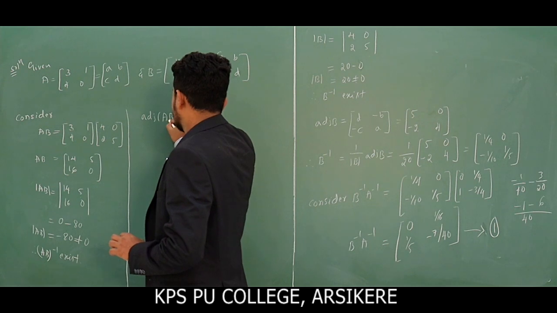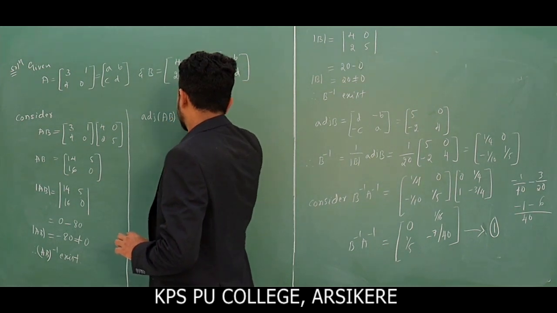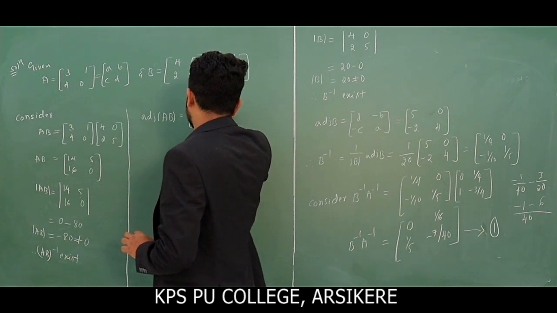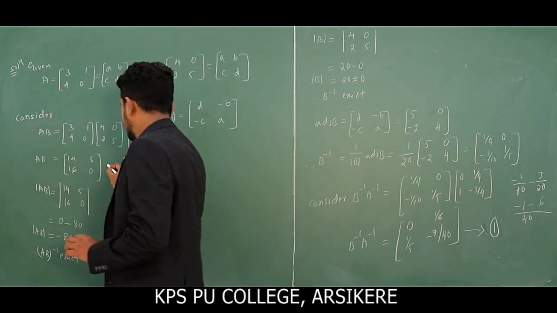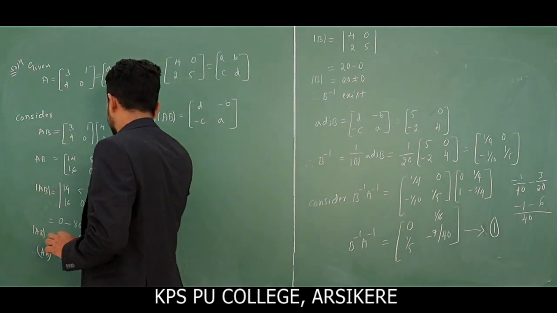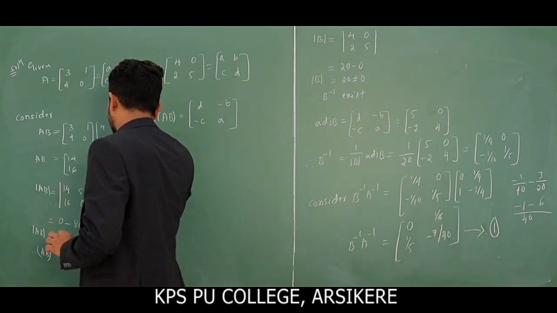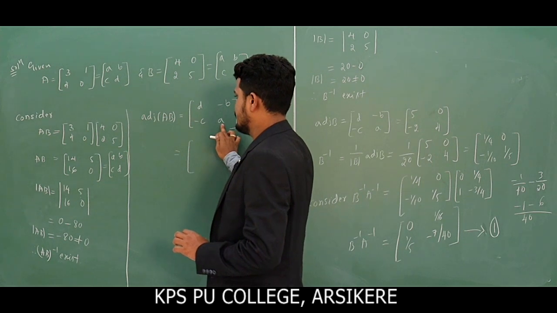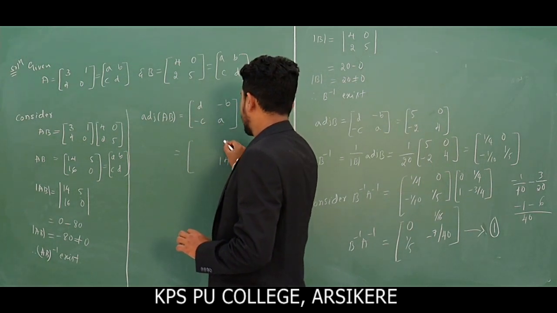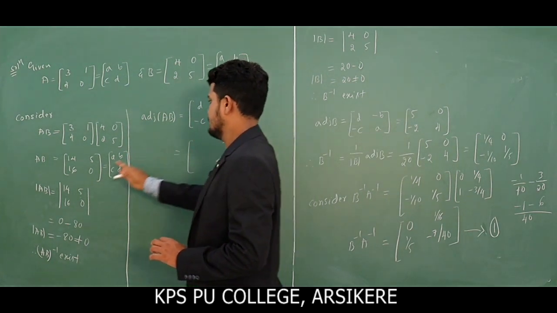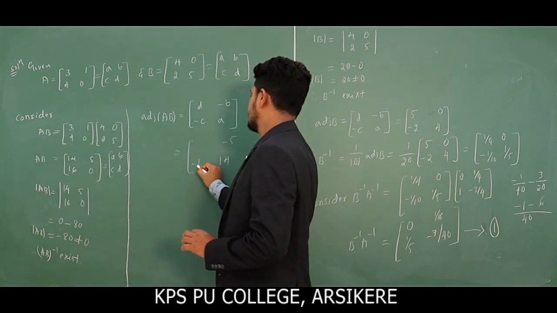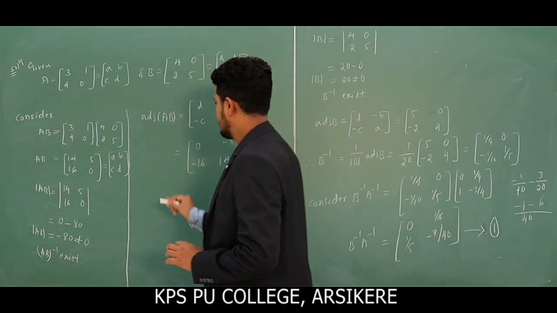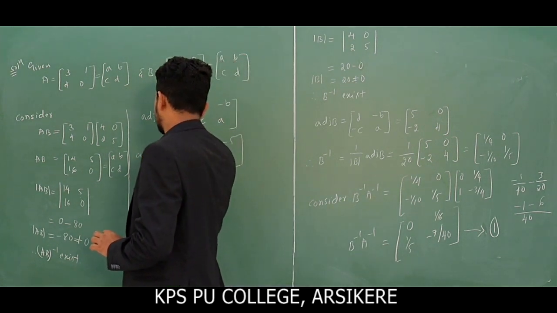So adjoint AB is equal to, again formula, [A, -B; -C, D]. So which is equal to, see here, A value 14, minus 5, C value minus 16, D value 0. This is the value of adjoint AB.